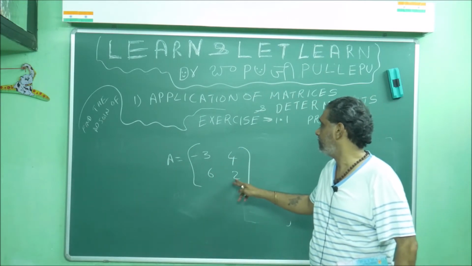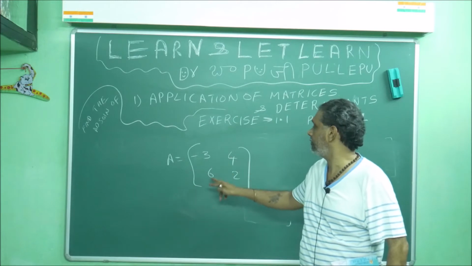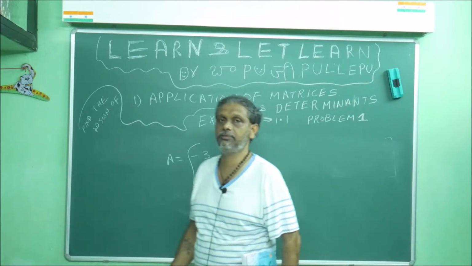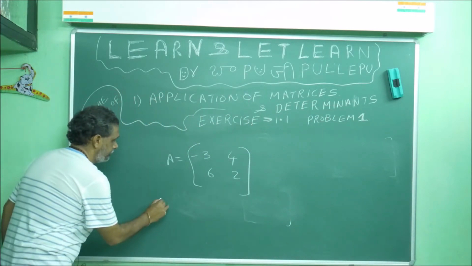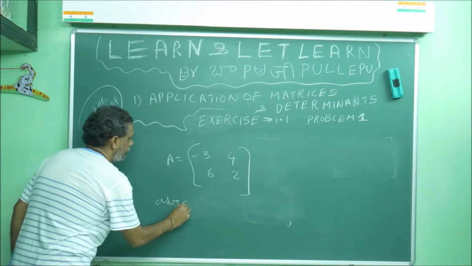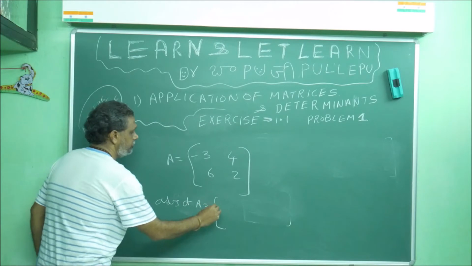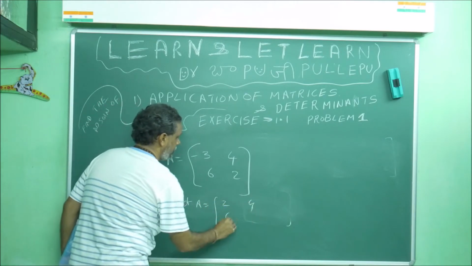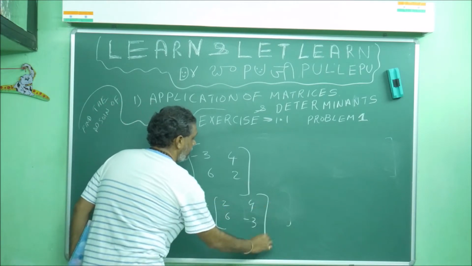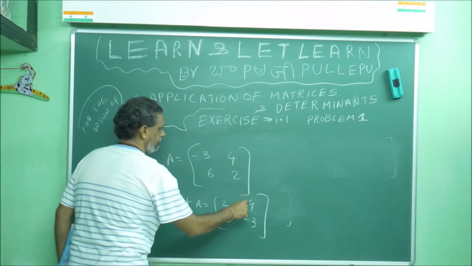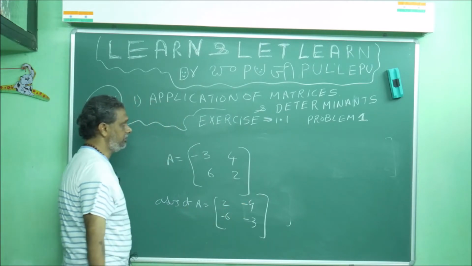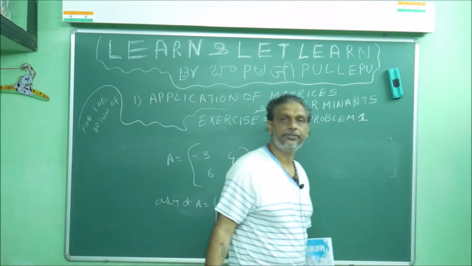So these two you interchange, and these two you give minus. So adjoint of A, what will you get? Change these two: 2 will come here, and minus 3 goes there. Then 4, 6 with the minus sign; if it is already minus, it will become plus. That's it. First problem is over.